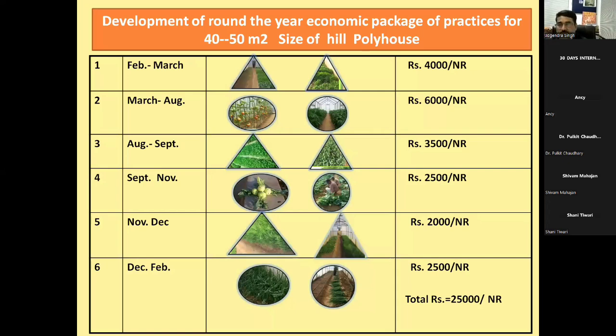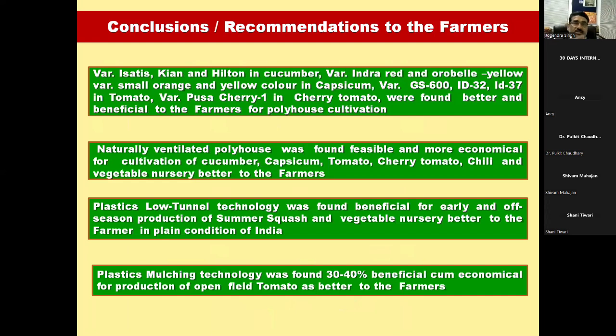This crop rotation is much more beneficial and economical for the weaker section farmer, landless farmer and hill farmer. These are the most economical. So these are the conclusion and recommendation for the farmer.